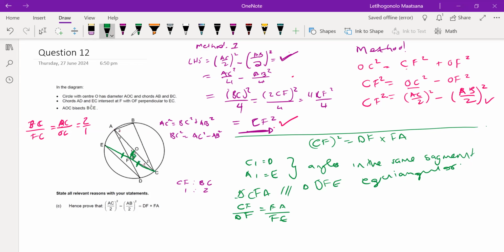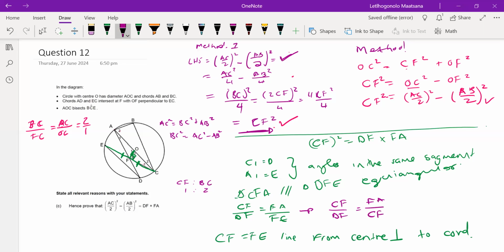So CF is equal to FE, and the reason is that a line from the center perpendicular to the chord bisects it. We can then change this to say CF over DF is equivalent to FA over CF. If we multiply out, we have CF² is equal to DF multiplied by FA.